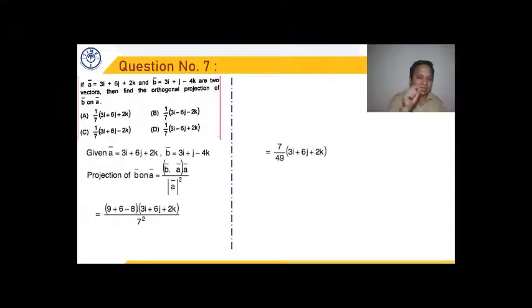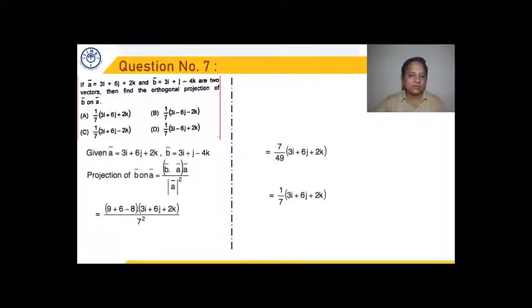So it's 9 plus 6 is 15, minus 8, or 9 minus 8 is 1, plus 6 is 7 in the numerator, by 49, upon 3i plus 6j plus 2k. 7 by 49 is 1 by 7. So we had 1 by 7 times 3i plus 6j plus 2k.